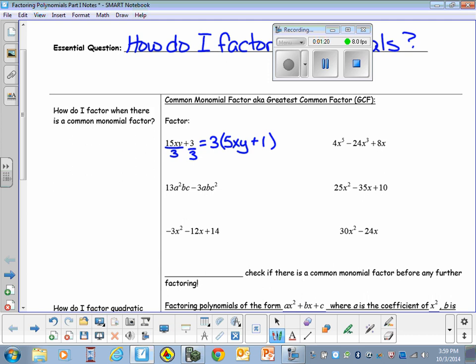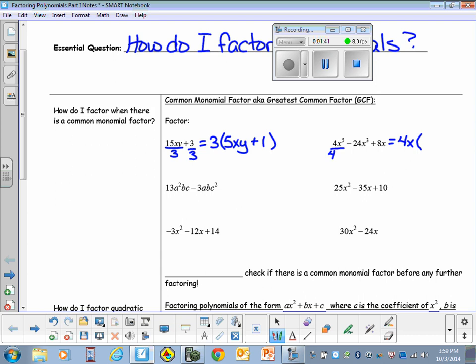Looking at the next one, I have a 4, a 24, and an 8. The greatest common factor here is 4 in terms of the numbers, but I also need to look at the variables. X to the 5th, x cubed, and x, I can all divide by x.